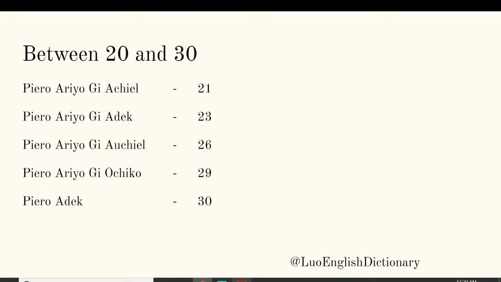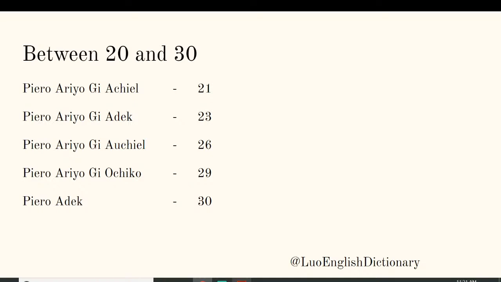Piero ariyo gi achiel, piero ariyo gi ariyo, piero ariyo gi adek, piero ariyo gi angwen, piero ariyo gi abich, piero ariyo gi auchiel, piero ariyo gi abiriyo, piero ariyo gi aboro, piero ariyo gi ochiko, and then you go to piero adek.